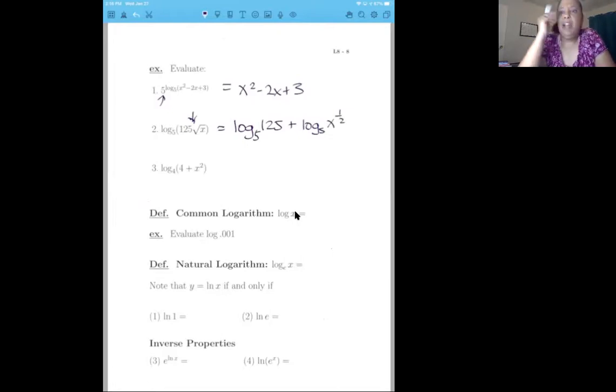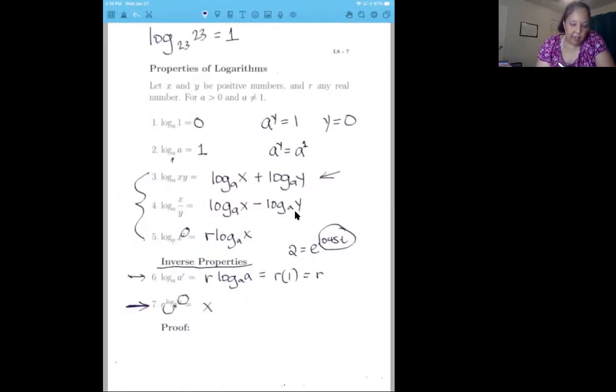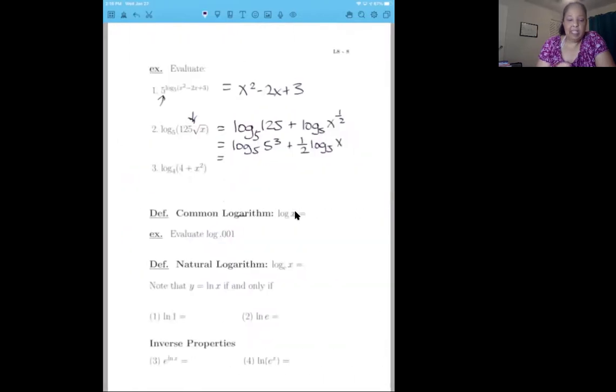What is 125 if I have 5 as a base? Well, that's 5 cubed. So I'm going to rewrite this as log base 5 of 5 cubed. Now I can bring that exponent out in front. So I have a 1/2 log base 5 of x. And now we said that if I have log base a of a to the r, then it's just what's in that exponent. So this is going to be 3 plus 1/2 log base 5 of x.